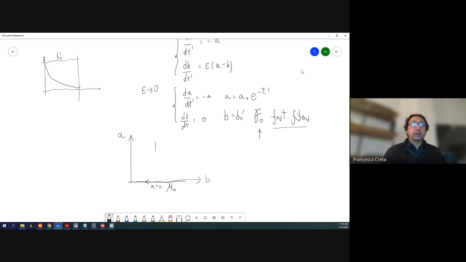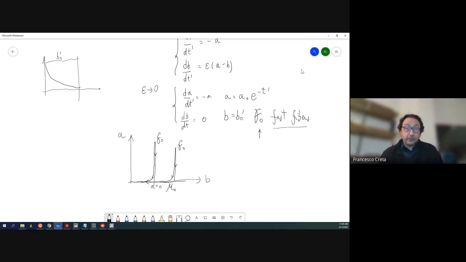So these lines here are the fast fibers, depending on what value of B0 is. So in fact, you see a very fast evolution here, and then a very slow evolution here. Fast evolution here and a slow evolution here.